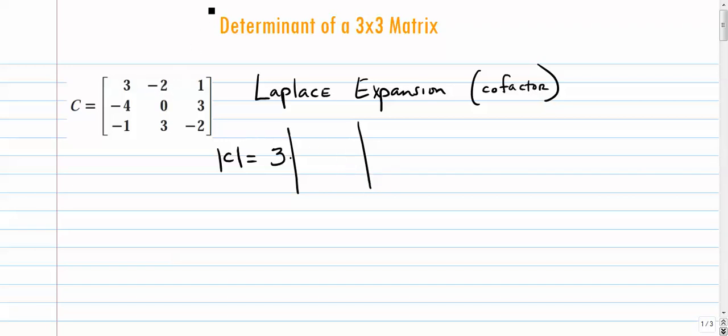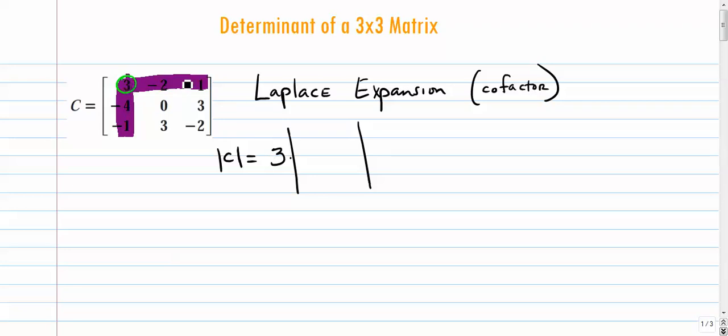Now what that means is, it's kind of strange, but a minor matrix is basically everything except the row and the column that the entry is in. So for example, we're looking at the number 3 right here. We chose that one.